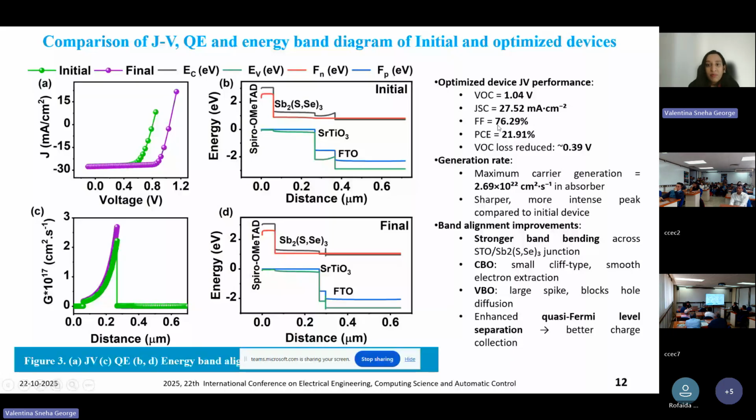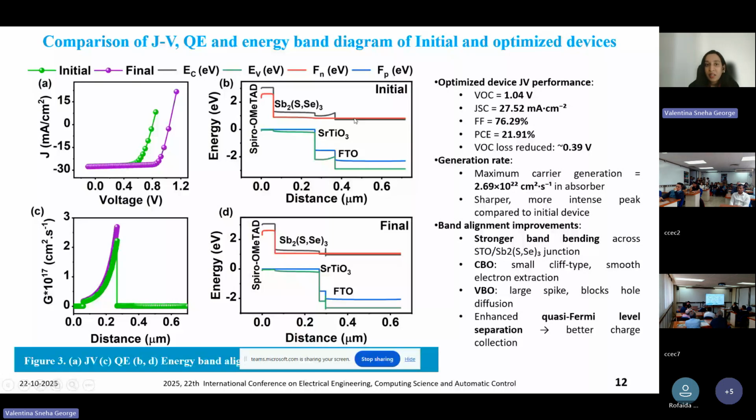And also all the PV parameters have increased on analyzing the JV characteristics. Further, in order to confirm this, we have extracted the generation rate of the initial and optimized device, where we can see there is an increase in the generation rate after optimization, about 10^22 magnitude increase has been observed after optimization.